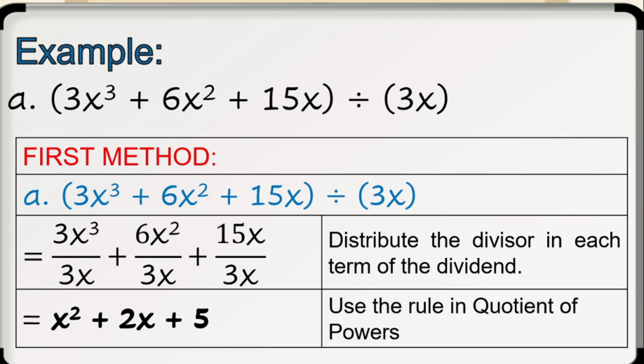Next, using the rule in the quotient of powers, we have 3x cubed divided by 3x is equal to x squared. 6x squared divided by 3x is equal to positive 2x. And 15x divided by 3x is equal to positive 5. Therefore, our answer is x squared plus 2x plus 5.